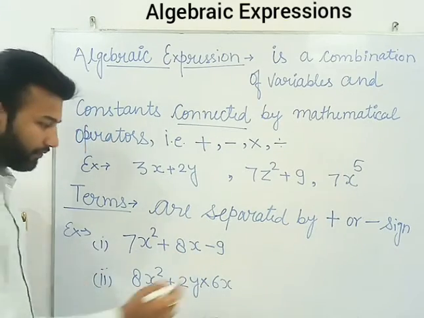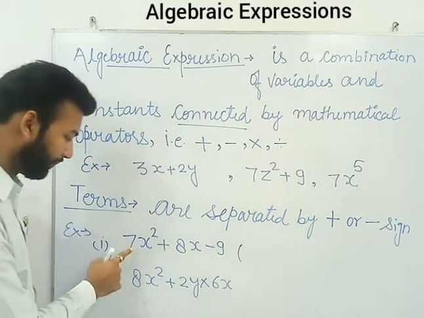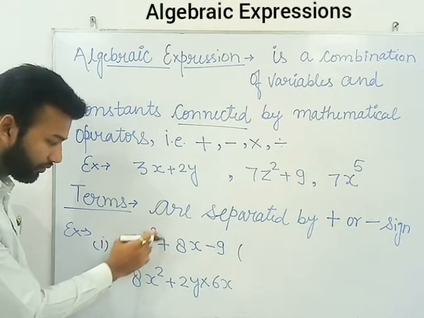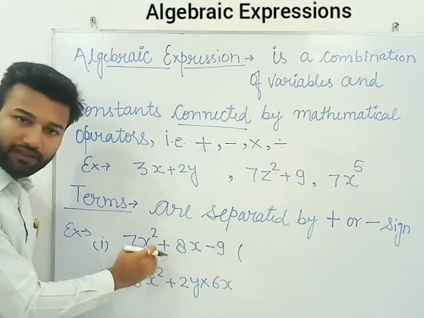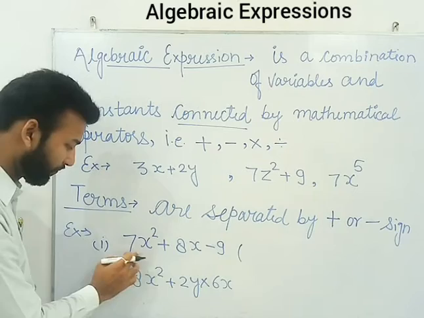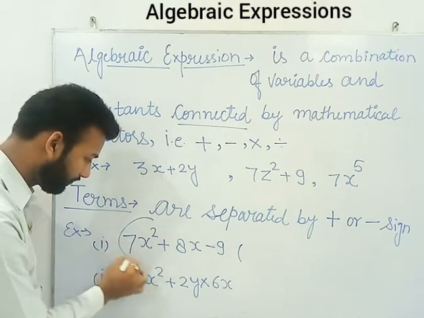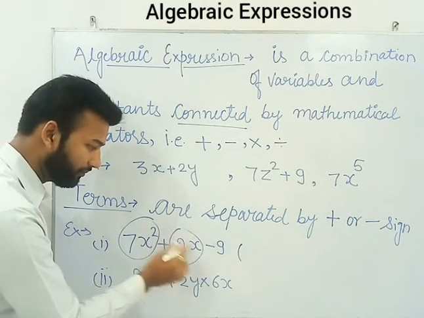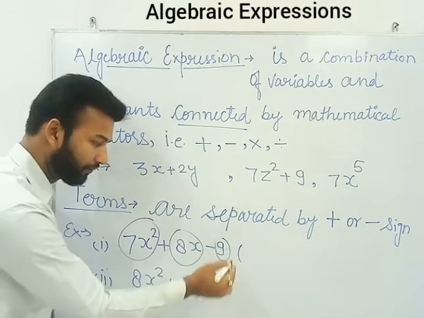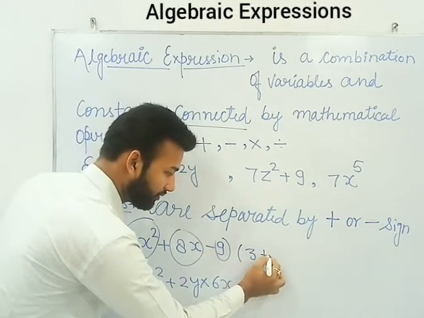Now we will count how many terms are there. See, 7x square is the first term. Now plus sign, then the second term starts. Now minus sign, then the third term. So total 3 terms.